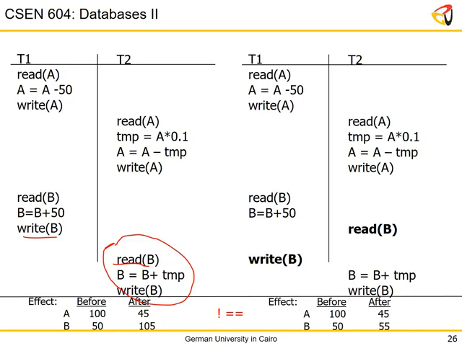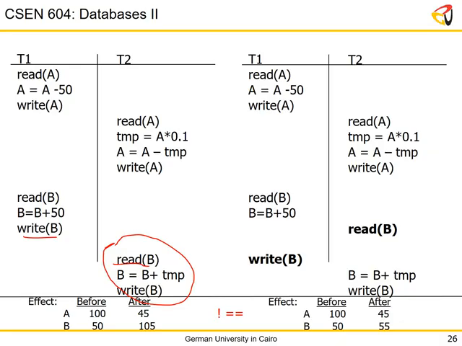Now we go to T2, read B, B equal to B plus temp, and then write B. I will have it marked here. So you see, the read B is happening after this write on the left. So I'm reading the new value of B.